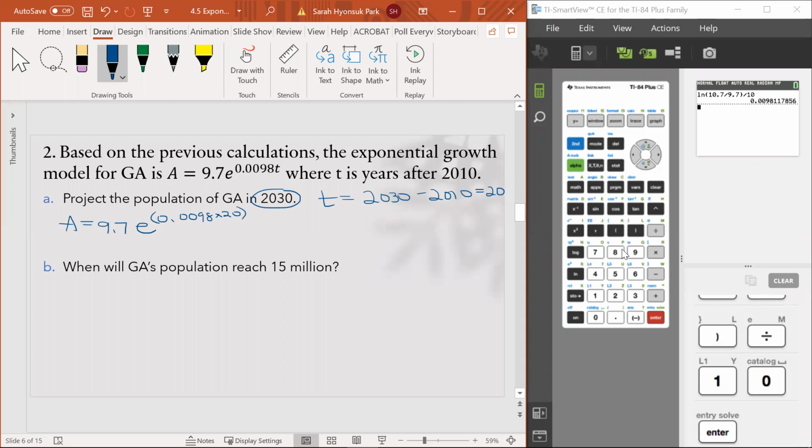So we get 9.7 E to the 0.0098 times 20. And based on our model, it's going to be 11 point, let's just round to 1 decimal place, million people in 2030.